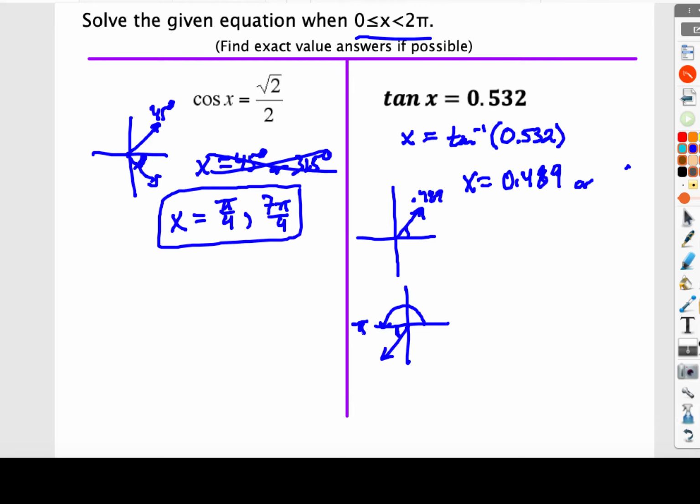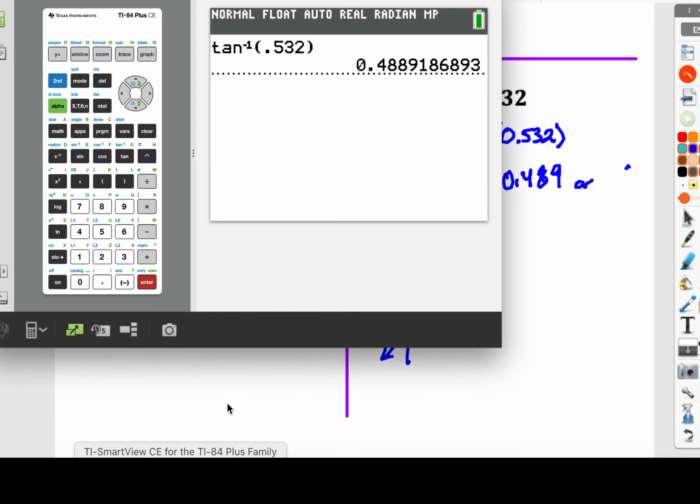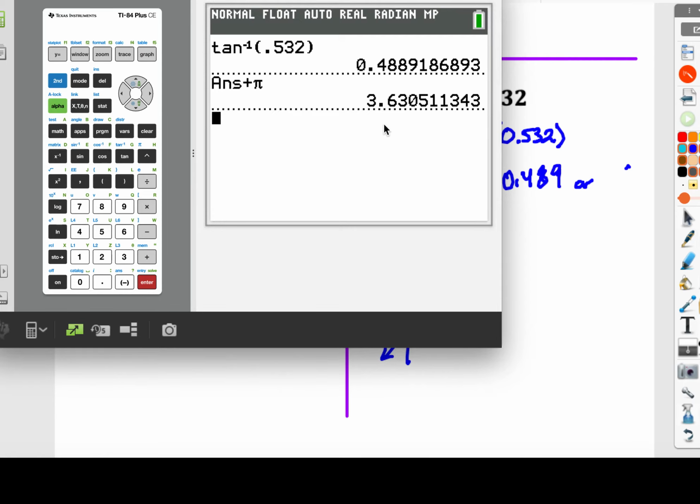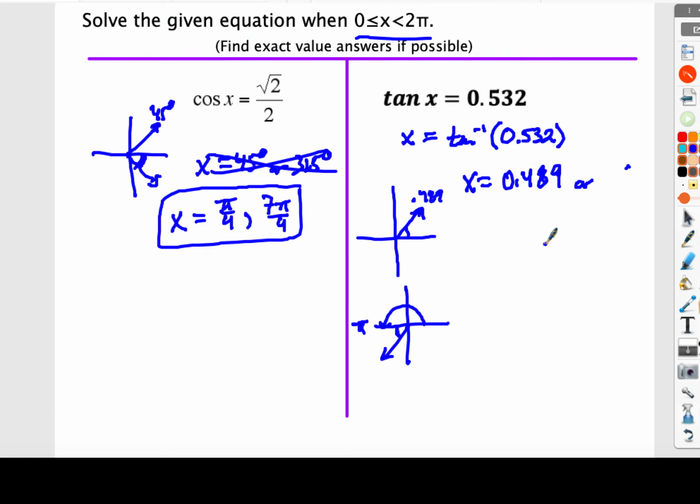So my other answer will come from taking 0.489 and adding pi onto that. 3.631 should also be a perfectly good angle measure. Definitely between 0 and 2 pi. And I definitely know that's greater than pi. It's down in quadrant 3. Again, those are good answers.